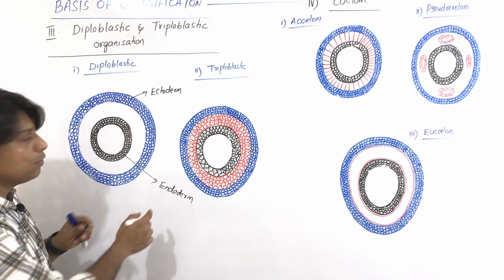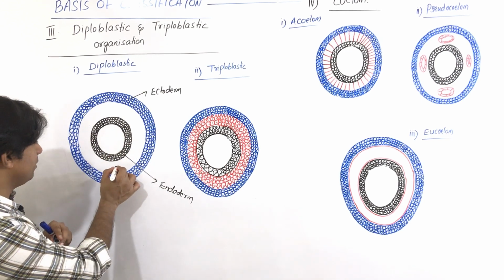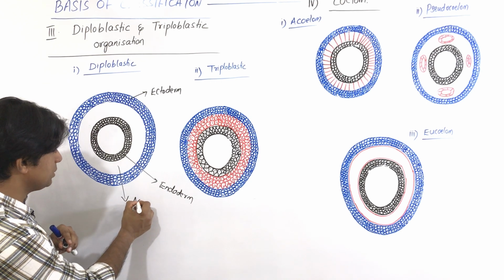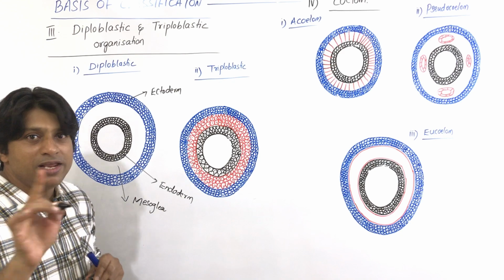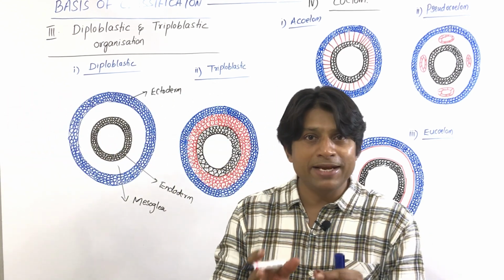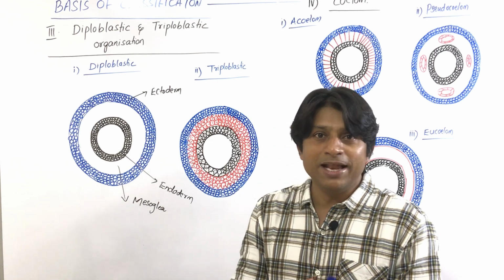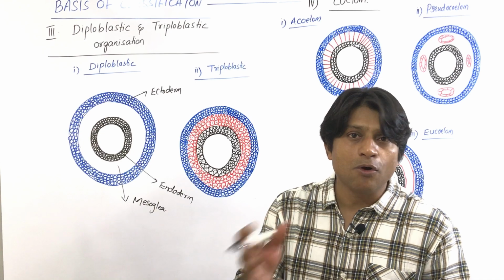Now the question is, what is present in between these two layers? In between these two layers is known as mesoglea. So mesoglea is non-cellular. It does not have any cells, but it is composed of gelatinous or gel-like substance, which is mostly filled with carbohydrates.